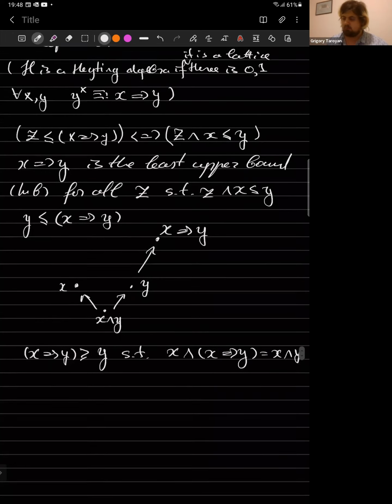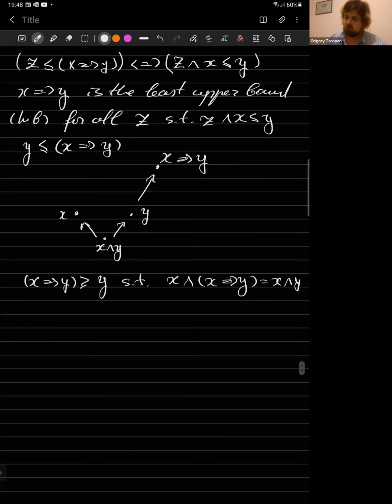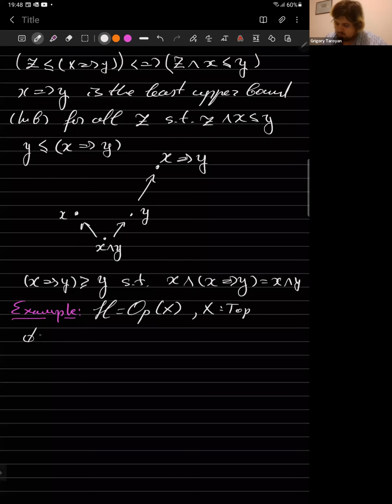Let me give you an example of this exponential object in practice. We will once more refer to the category of opens in a topological space. So H is the category of opens in a topological space. So the empty set is obviously 0. The whole space is obviously 1.